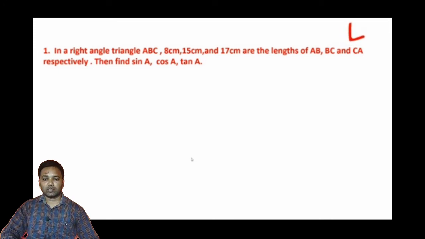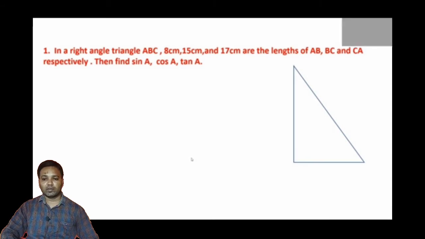Here in exercise 1, the first question is: in a right angle triangle ABC, 8 cm, 15 cm, 17 cm are the lengths of AB, BC, CA respectively.